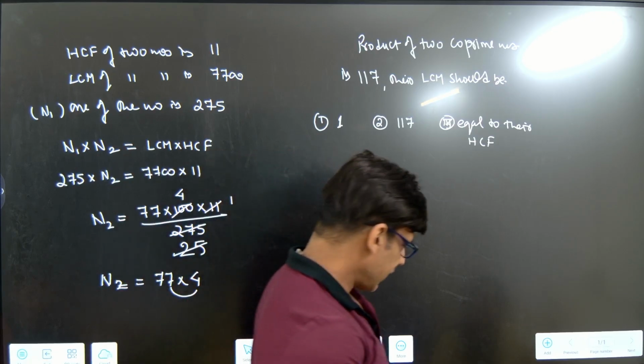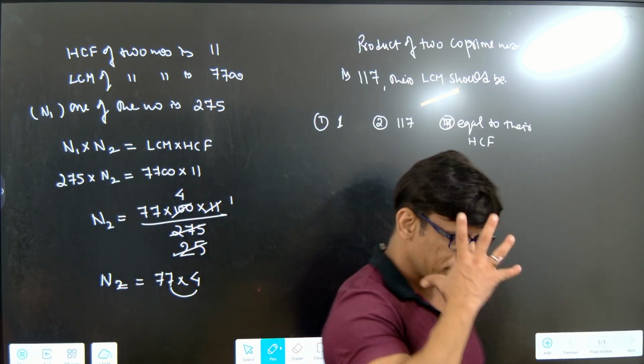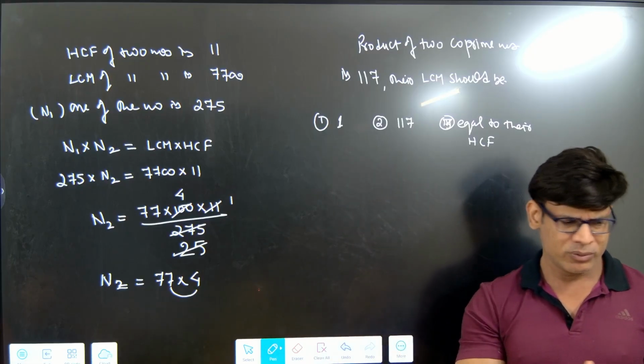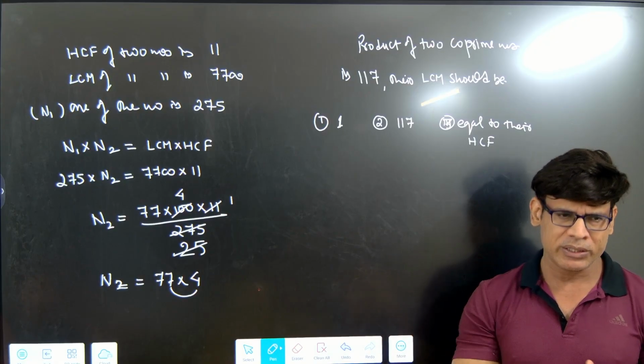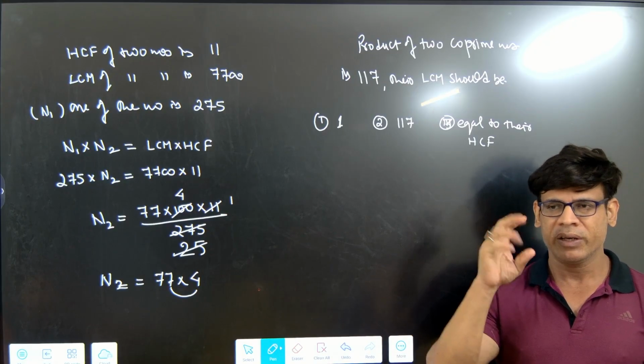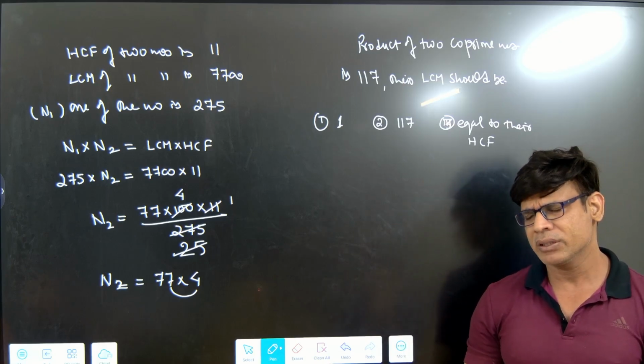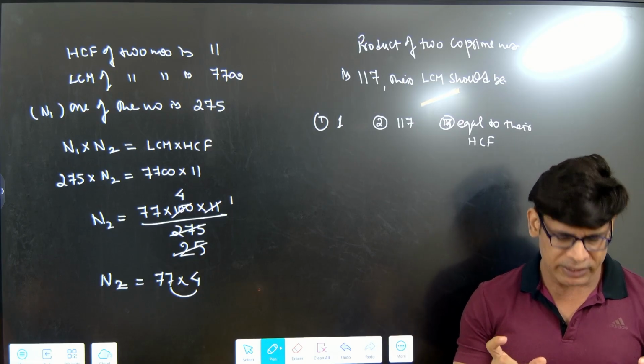Let me do a brainstorm. Touch copy pen, just focus on pen. Tell me one thing: if I give you two co-prime numbers, you take any two co-prime numbers, what will be their LCM?